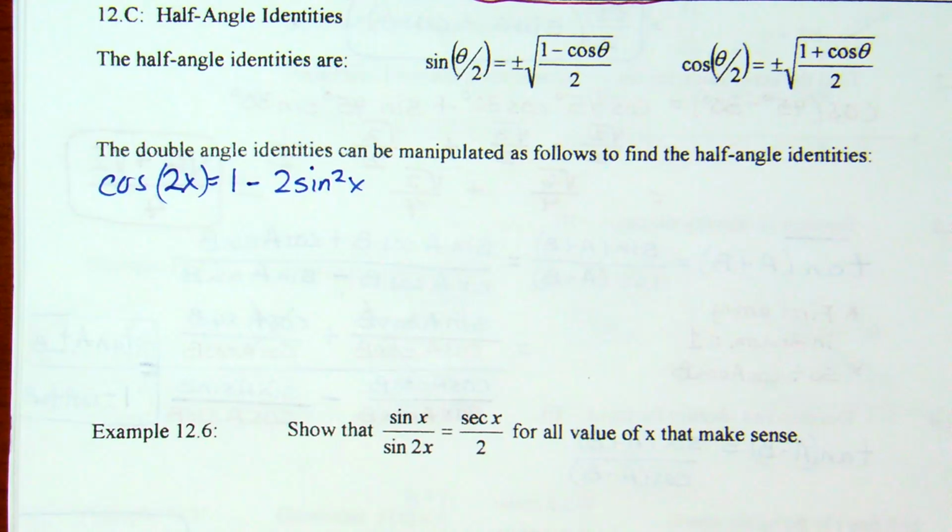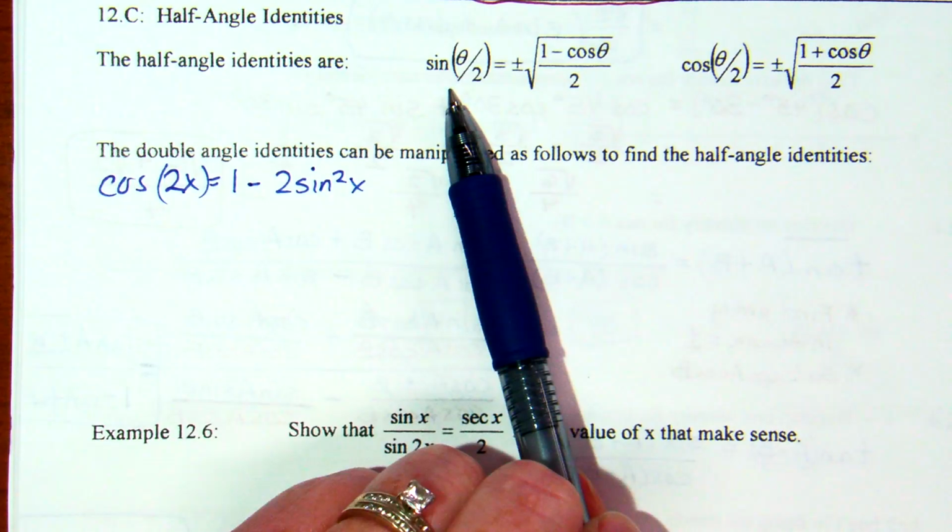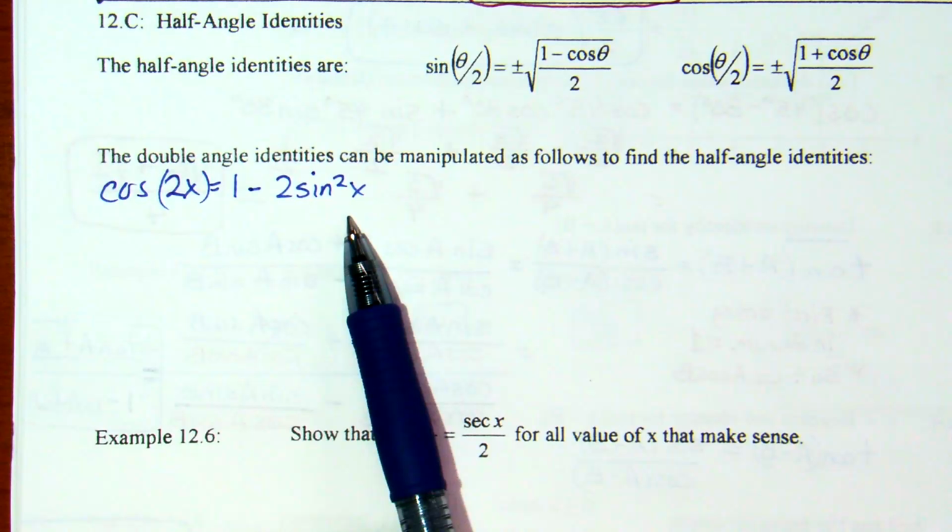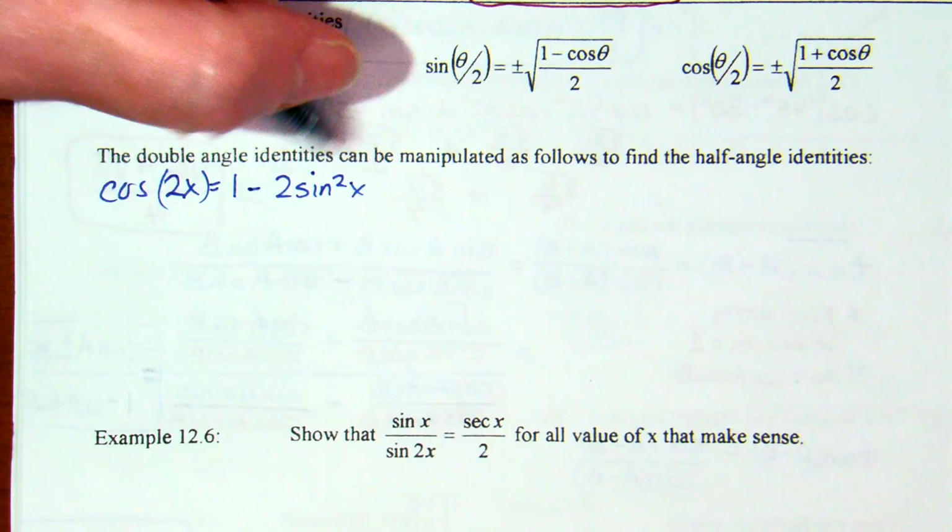Okay. And by manipulating this, I'm working towards this first one here, the sine of theta over 2. Which means the first thing I'm going to ask you to do is work to isolate the sine, as in the S-I-N sine. So if we're working to isolate the sine, how do you guys feel if I say let's add the 2 sine squared x over and subtract the cosine 2x over to the other side? Just getting a positive there. So if I add 2 sine squared x to the left, 2 sine squared x equals, on the right, I still have a 1.